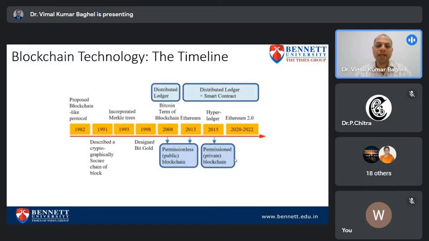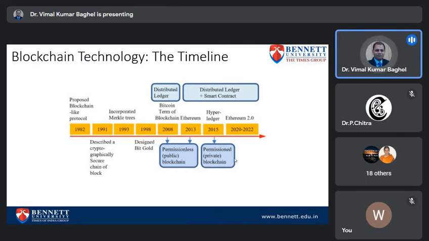Then in 1998 there was a concept of bit gold, because at that time it was just the beginning of the digital revolution. Bitcoin was started in 2008 by Satoshi Nakamoto, and then in 2013 the concept of Ethereum was started, which is a public blockchain.